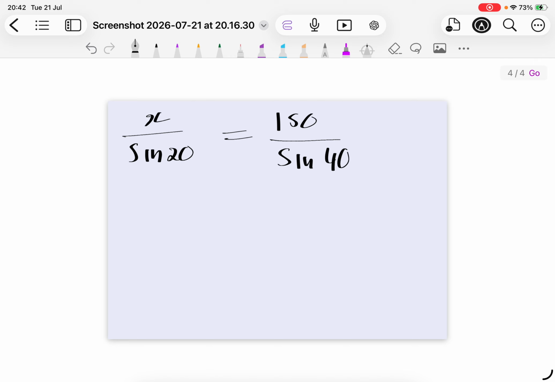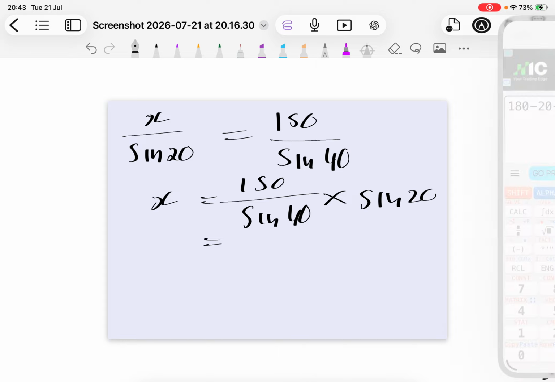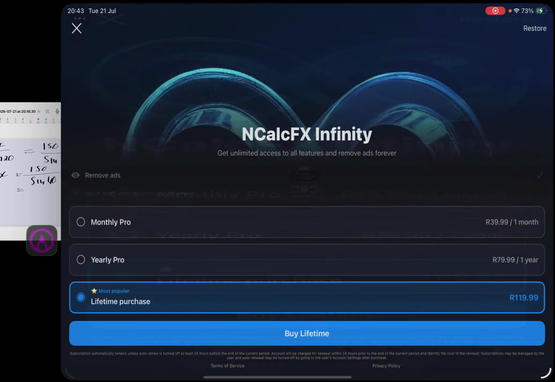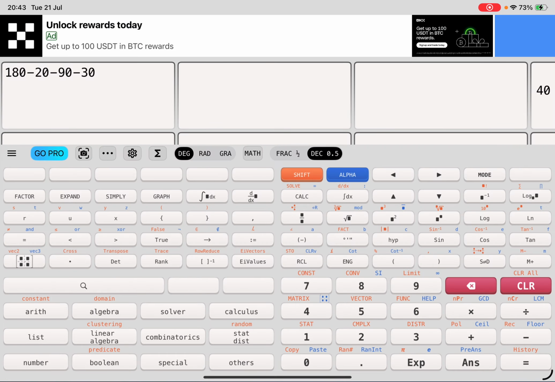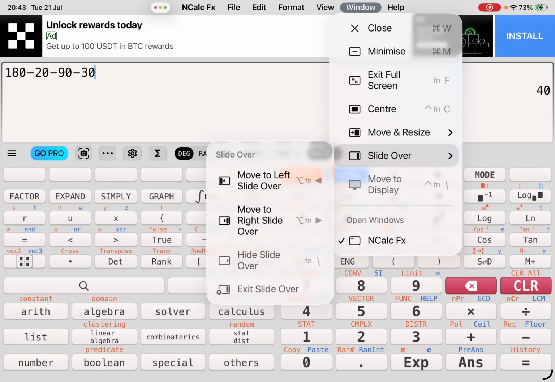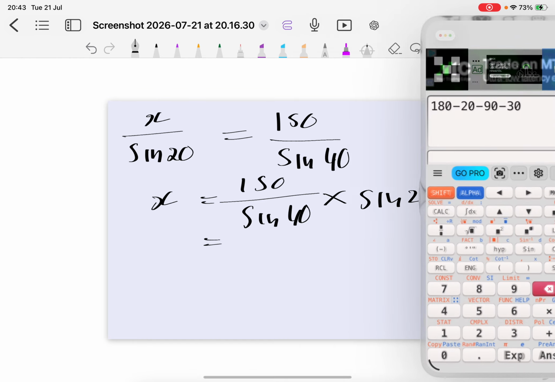Right? So now what I can just simply do is cross multiply or move things over the bridge. So x is then equal to 150 over sine 40 times sine 20, and then I can put that in my calculator, and that will then give me an answer. So let's just quickly do that again.